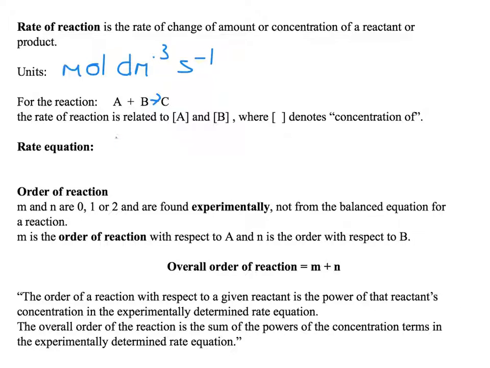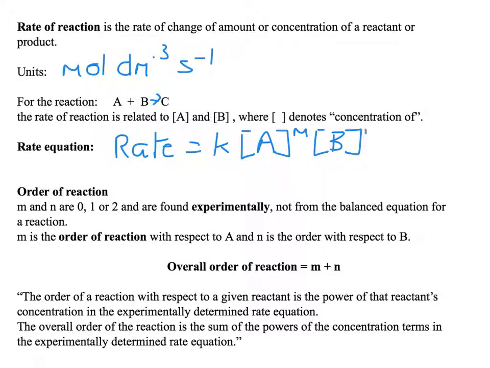Our rate is equal to our rate constant, which is a little k, times the concentration of A raised to some power, let's call it m, times the concentration of B raised to some power, and let's call that n. So really important, use square brackets because that tells me we're looking at concentrations of A and B.